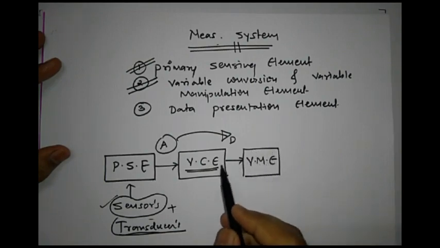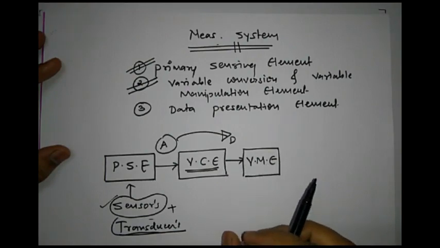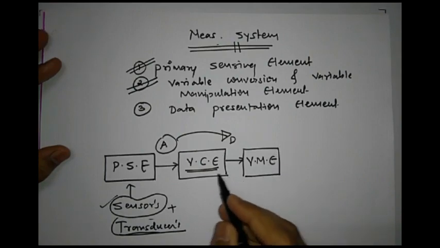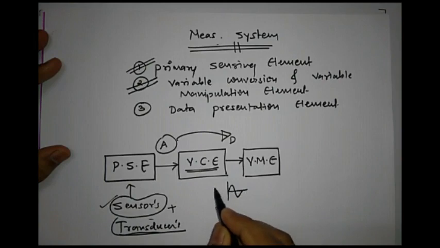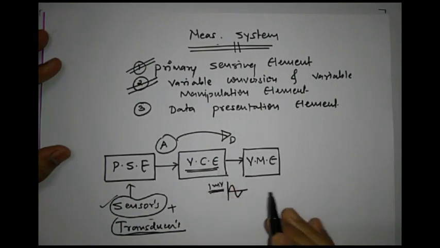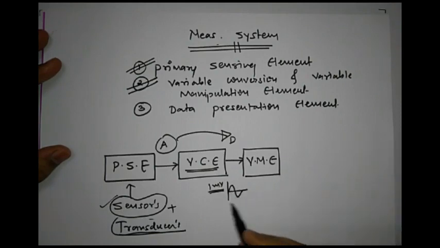Sometimes the output of the variable conversion element block is weak in nature, or the magnitude of the signal is very weak. Suppose the output of the variable conversion element is in millivolts, say 1 millivolt, and we need to increase its magnitude without hampering the originality of this signal.